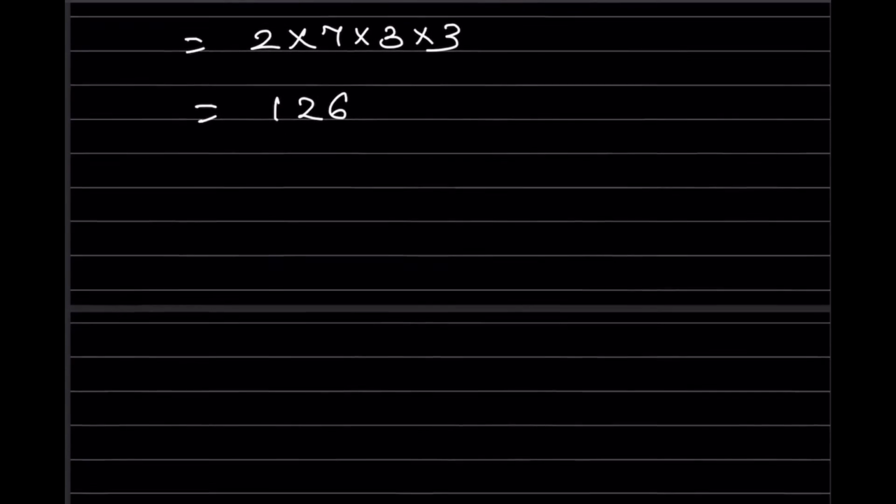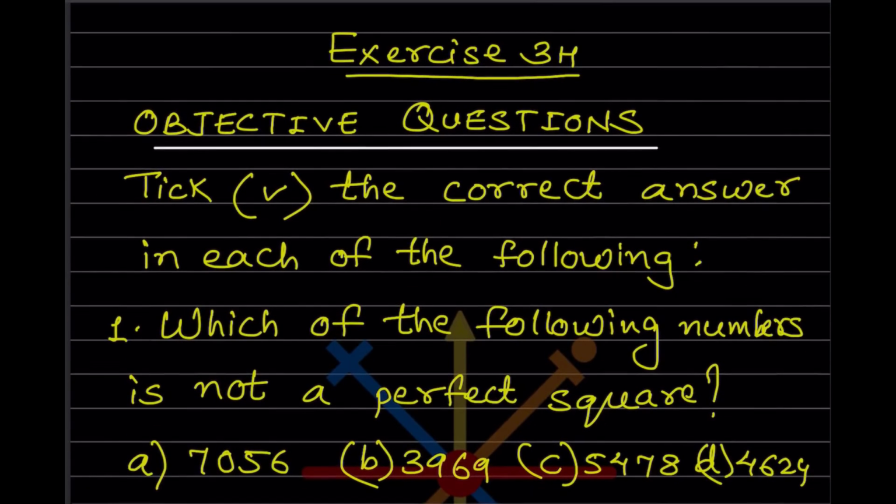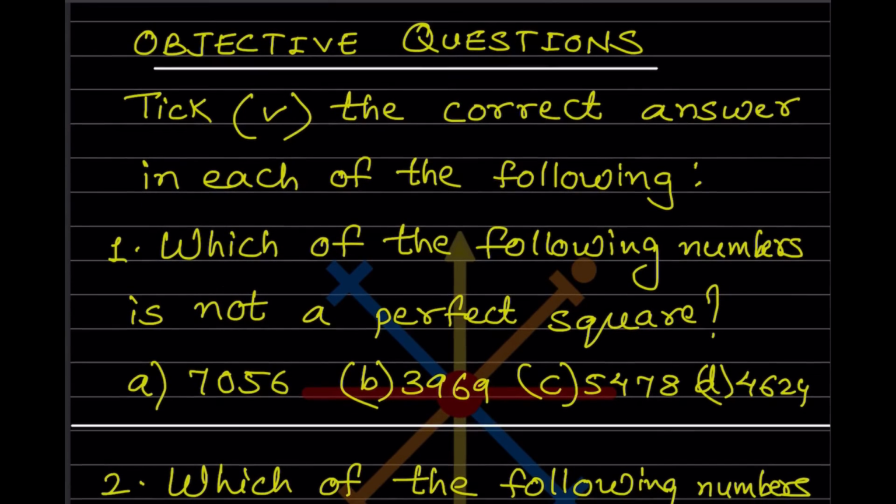So now let us see the next exercise. They are the objective types. Here we have to choose the correct answer in each of the following. Which of the following numbers is not a perfect square?